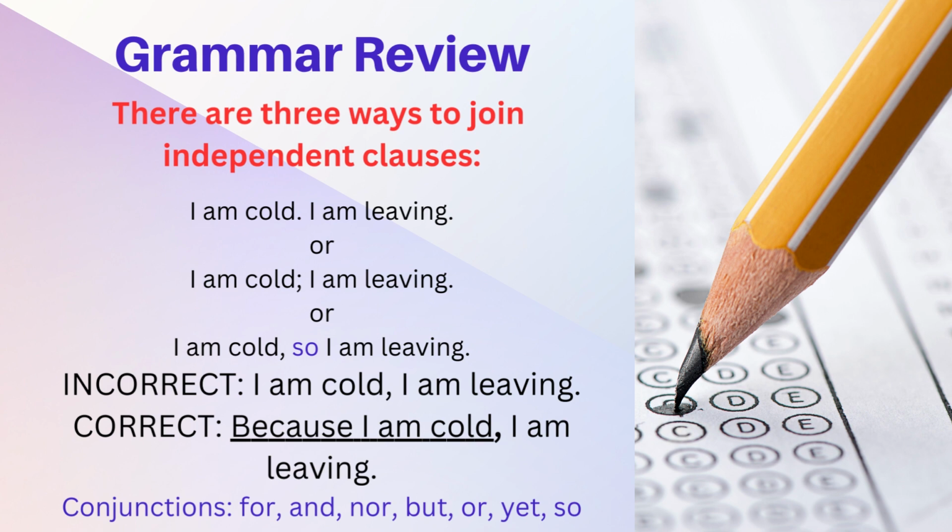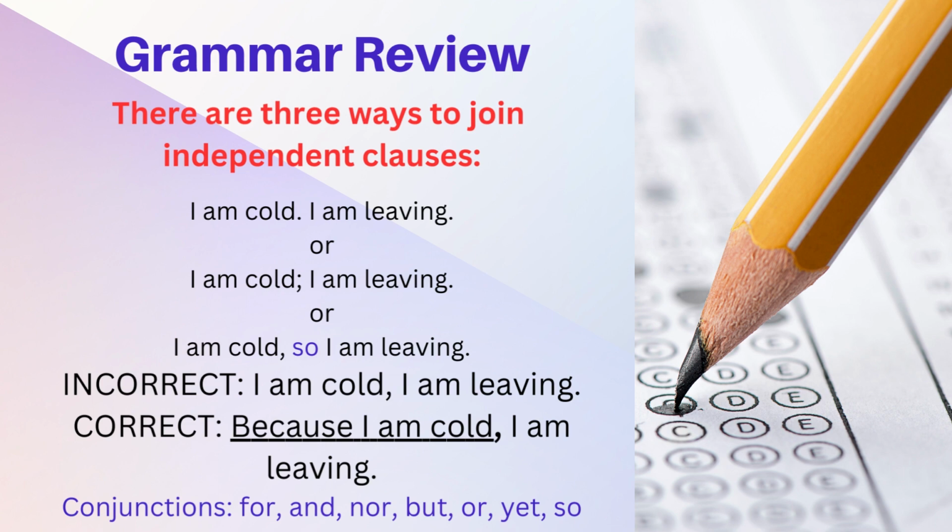Another way to put this in one sentence is to use a comma. However, a comma is not strong enough to do this job by itself. A comma must be accompanied by a conjunction. If you remember the acronym FANBOYS, each letter stands for one of the 7 conjunctions: for, and, nor, but, or, yet, and so. I am cold, comma, so I am leaving. It would be incorrect to use a comma alone here.